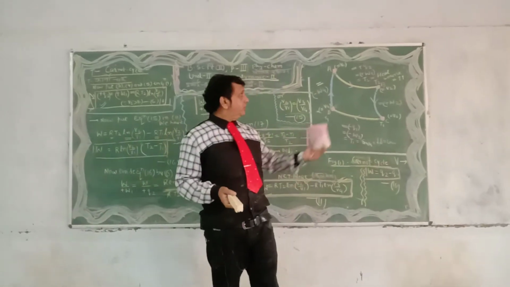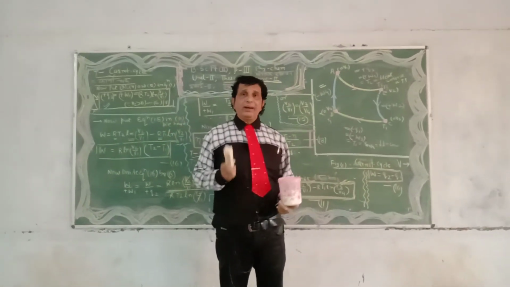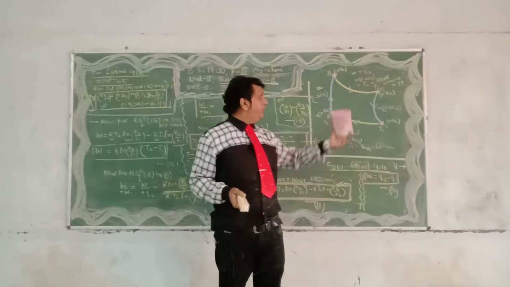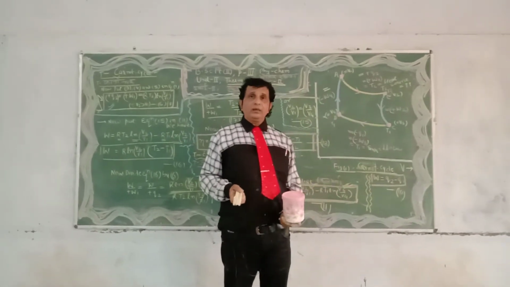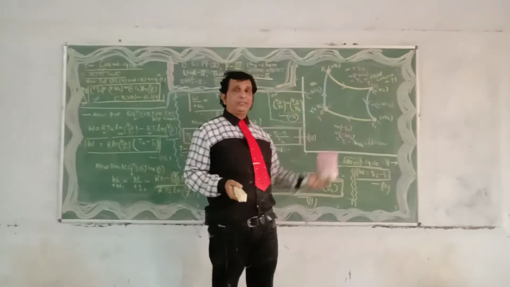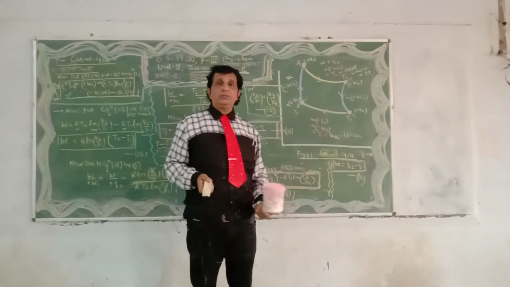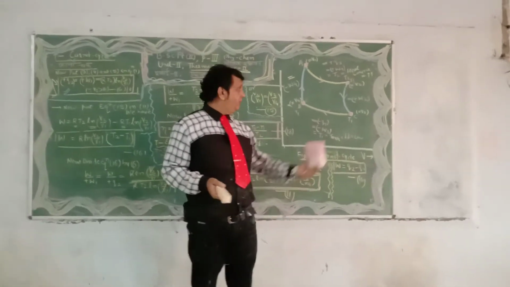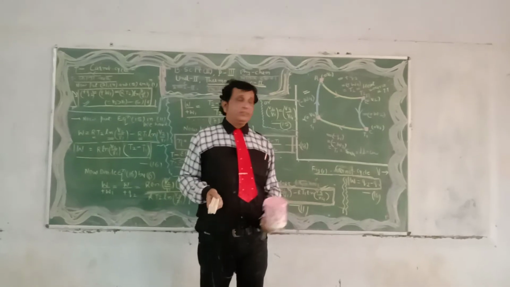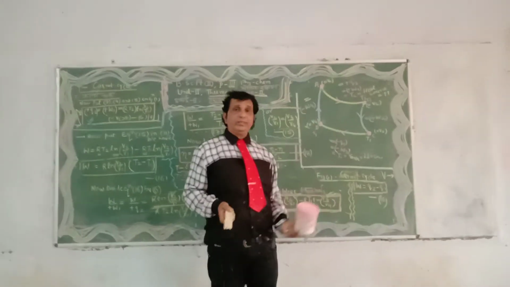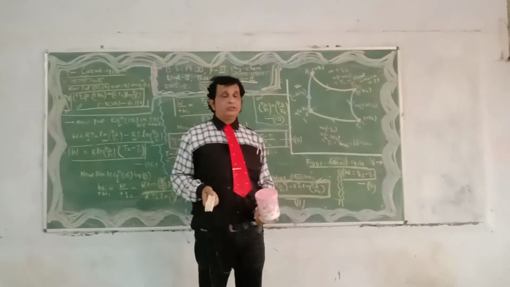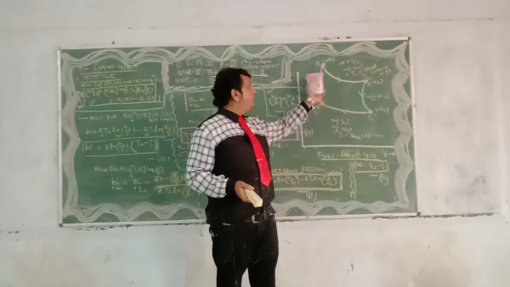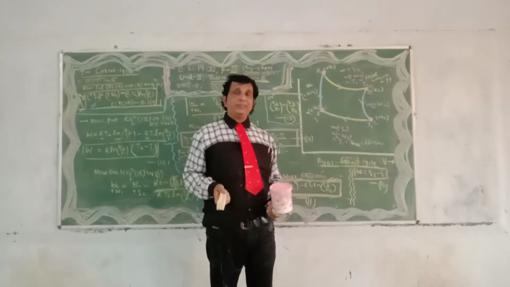The Carnot cycle is formed by various steps: A is connected to B, known as isothermal expansion; B is connected to C, known as adiabatic expansion; C is connected to D, known as isothermal compression; similarly, D to A is known as adiabatic compression.